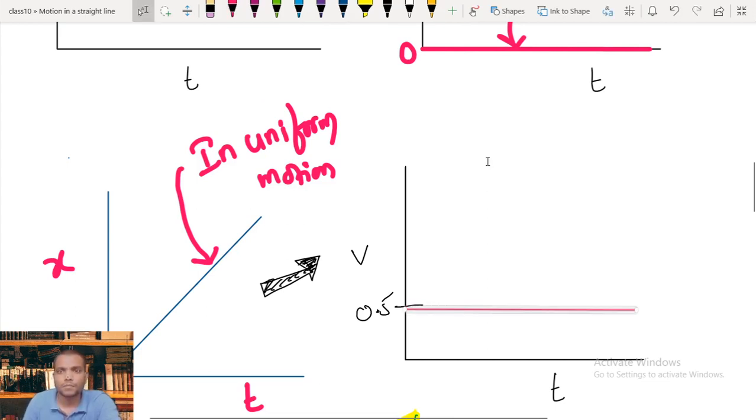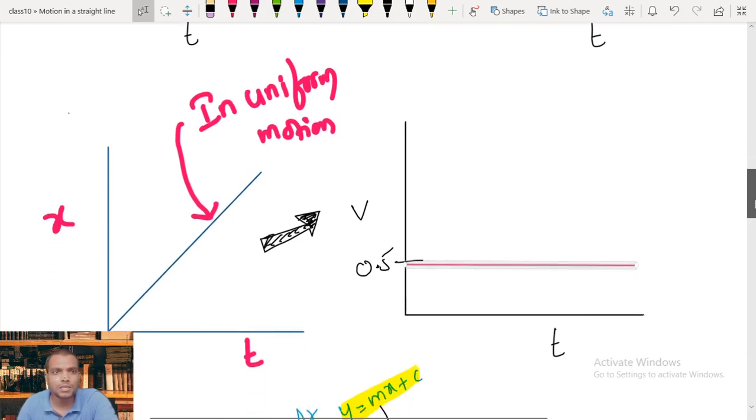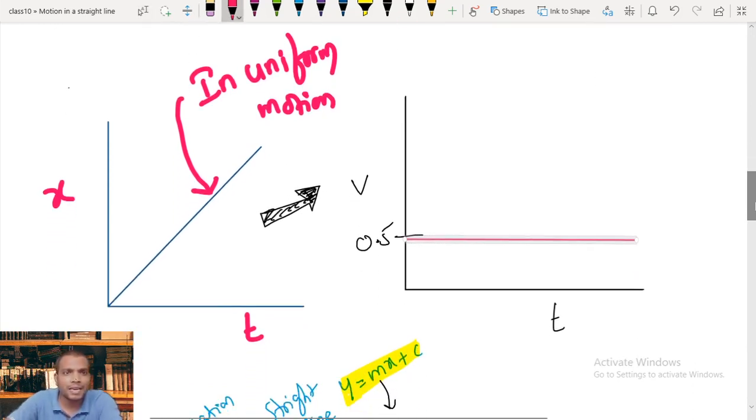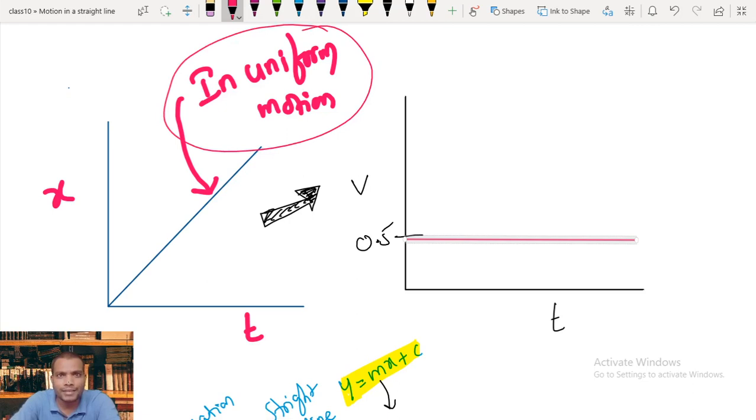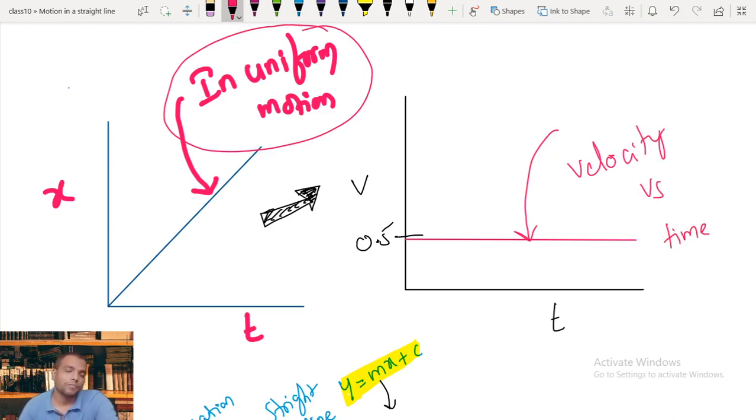If this is the position versus time graph for uniform motion, then the corresponding velocity versus time graph is this. Now this velocity is constant, but it is not touching the origin. I hope you are understanding the differences.